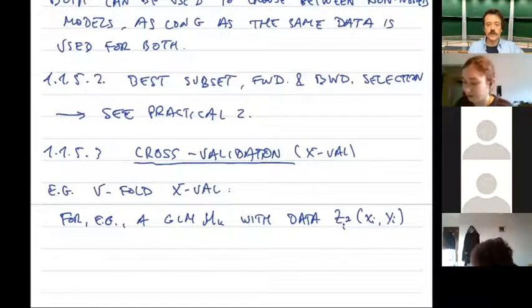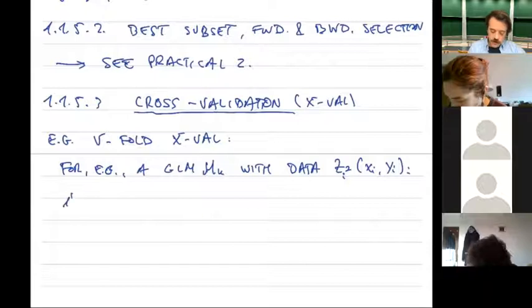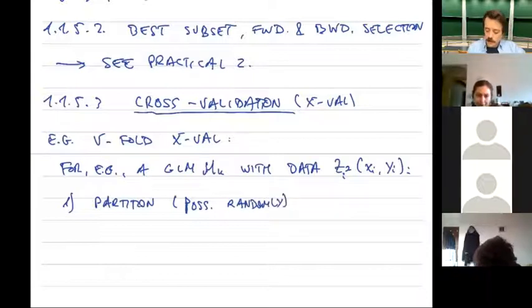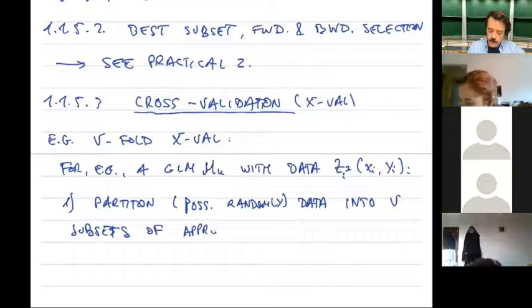So first, we wish to partition, possibly randomly, the data into V subsets of approximately equal size.